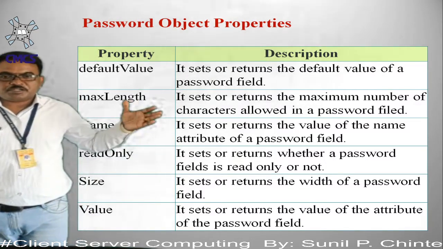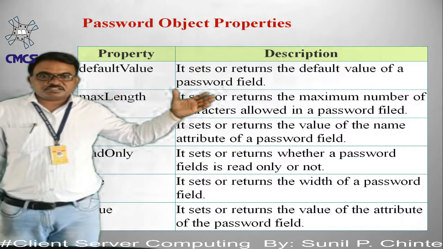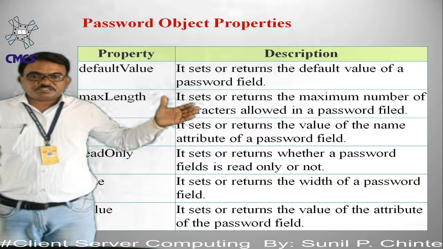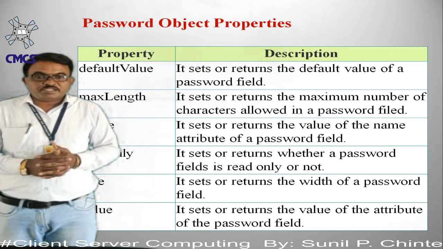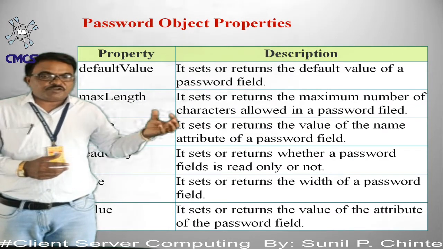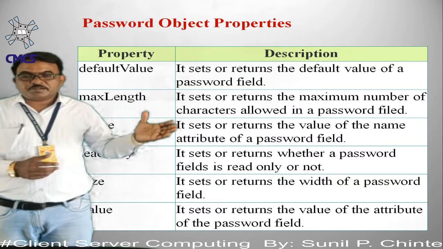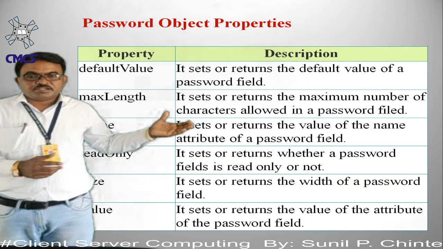The default value property sets or returns the default value of a password field. It means default value specifies the default value of the password field. Next is the maximum length.